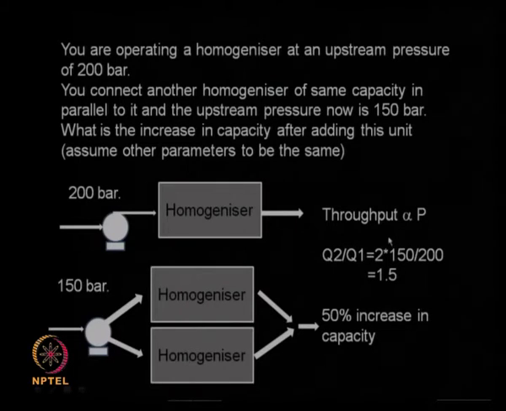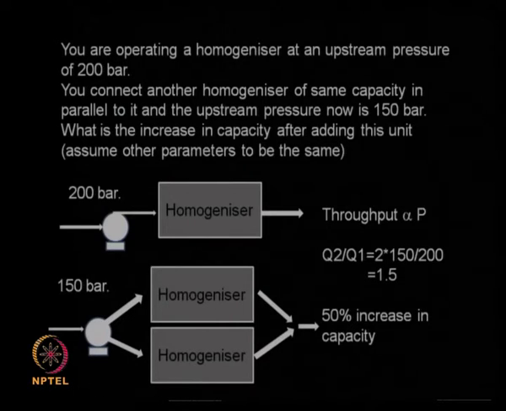Another important assumption we have made here is that the pressure downstream is 0, that means it is atmospheric pressure, that is why we have taken 150 and 200 here. So the most important equation here is that throughput is directly proportional to pressure.